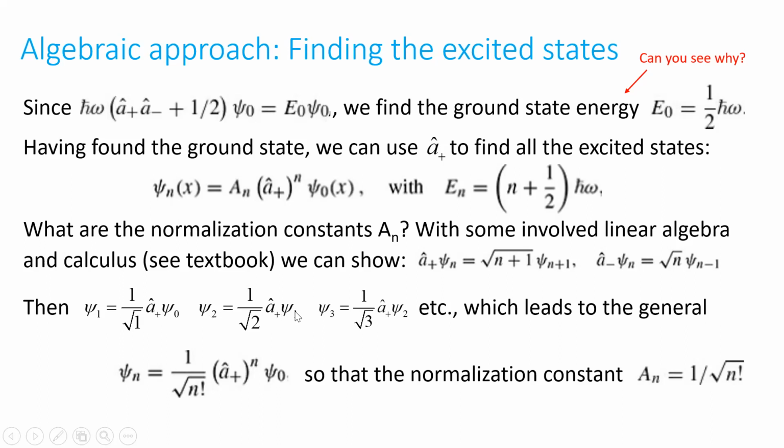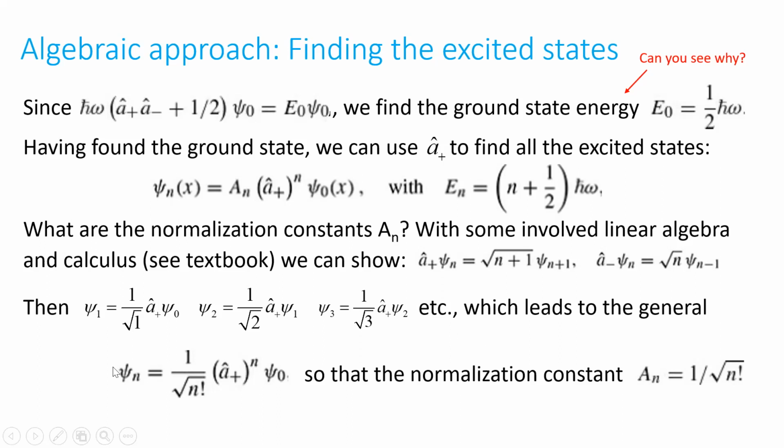Then we'd apply it again and get the square root of 2, and again to psi 2 and get the square root of 3 to get psi 3. So we would get 1 over the square root of 1 times 2 times 3, times a plus cubed psi 0.